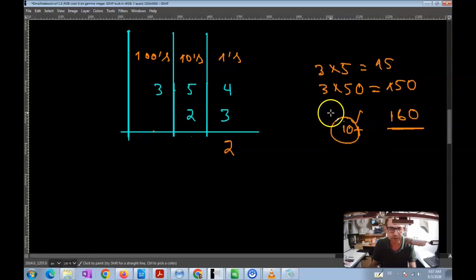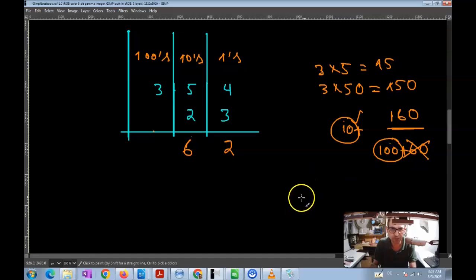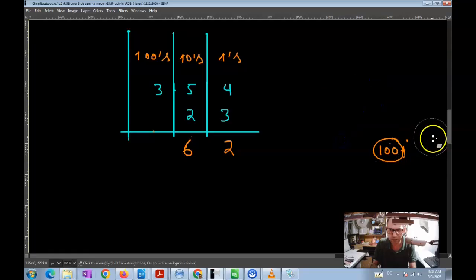Now the 160, if I put a 6 over here in the tens place value, it becomes a 60, because 6 times 10 is equal to 60. So if 160 is 100 plus 60, the 60 part is taken care of, the 100 part remains. And the 100 part, of course, we have to add back to the number.